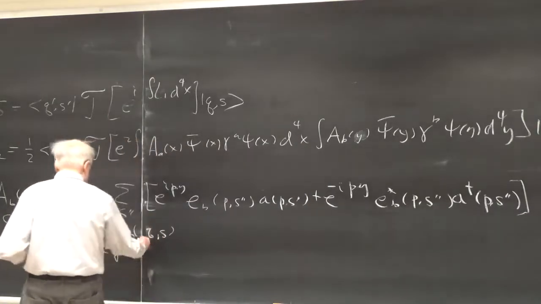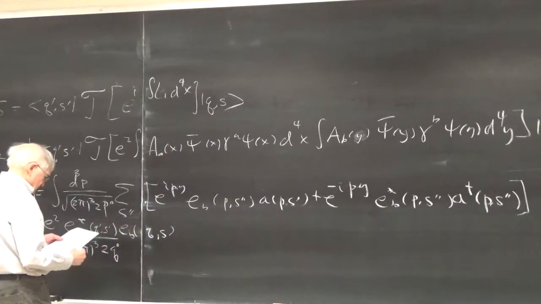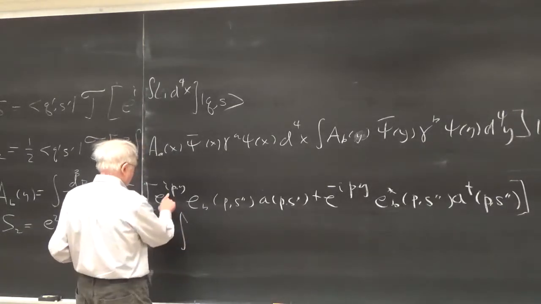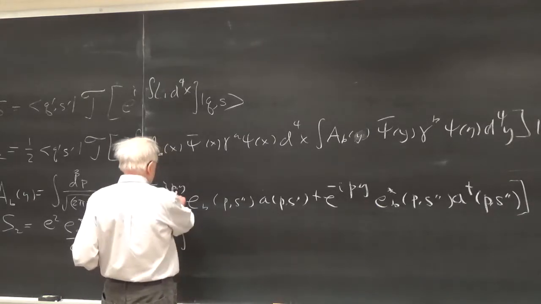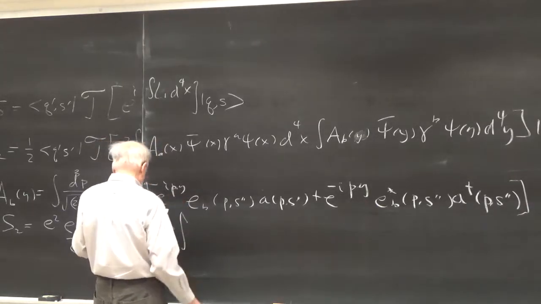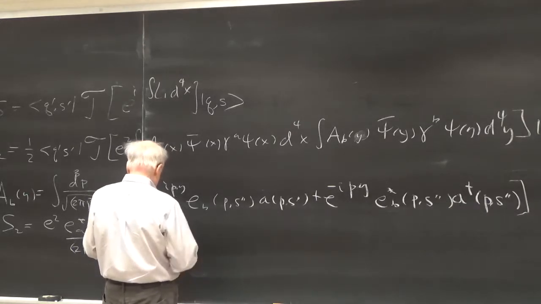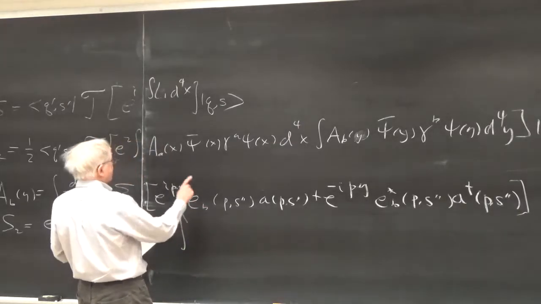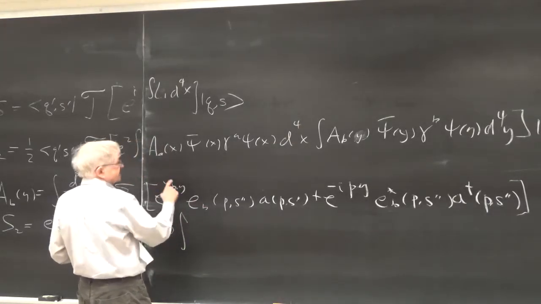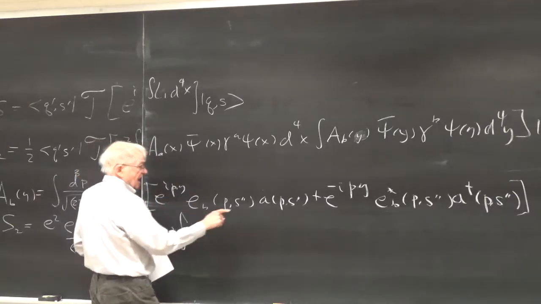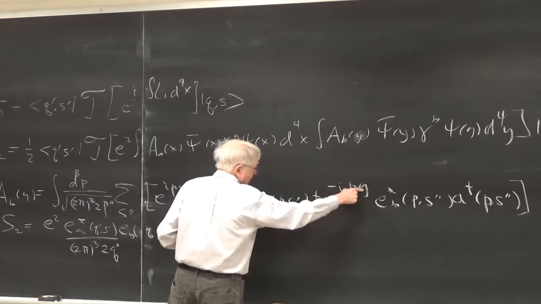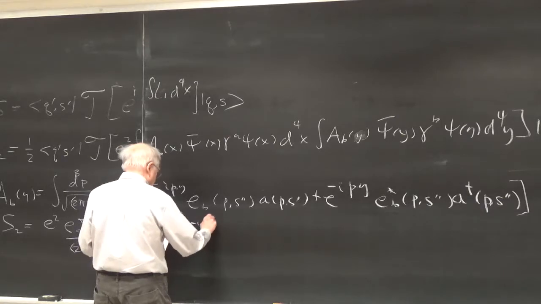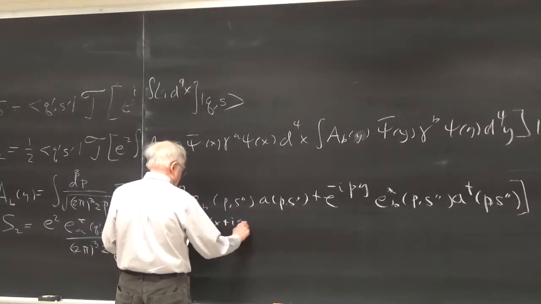And so that gives us this factor here and a Q0 there. Then we're going to have an e to the i Q y, since p has to be Q. And moreover, we're creating the outgoing photon at x, so that's an e to the minus i Q prime x. So we have these factors here, e to the minus i Q prime x plus i Q y.